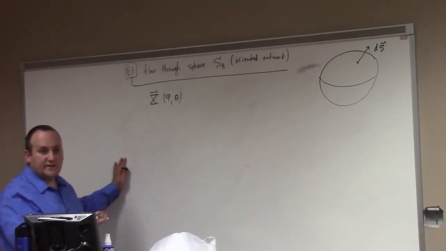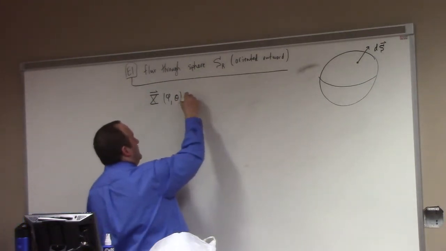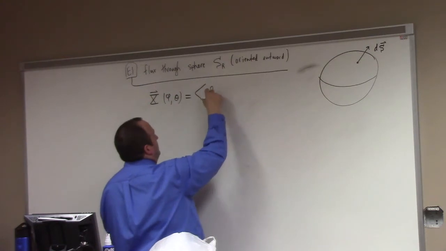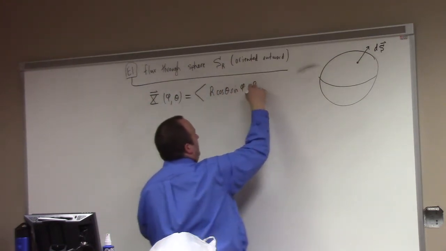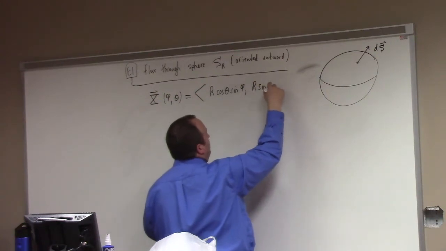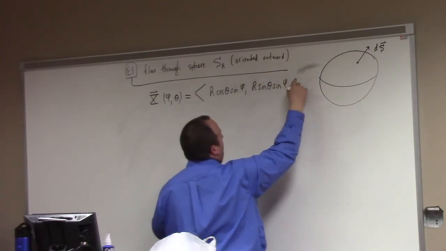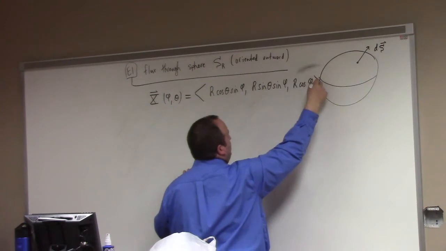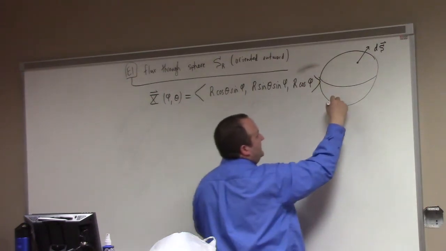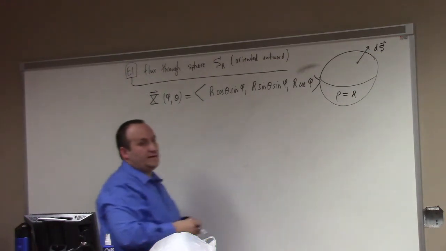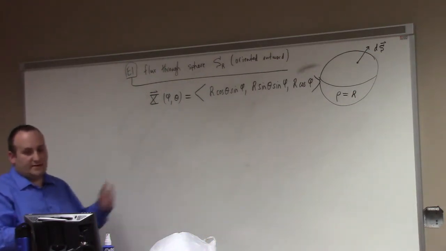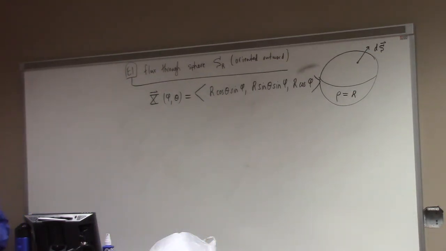That gives a parameterization of the sphere. In particular, this one: r cosine theta sine phi, r sine theta sine phi, r cosine phi. That's based on the notion that the sphere is rho equal to r, so just plug that into the spherical coordinate formulas and out pops the parameterization of the sphere.